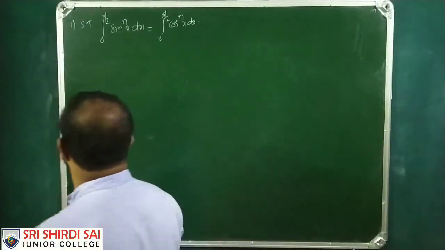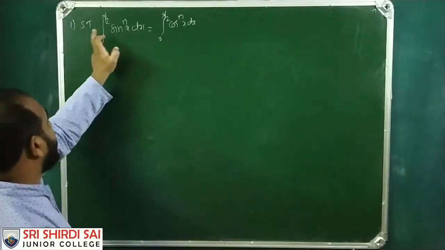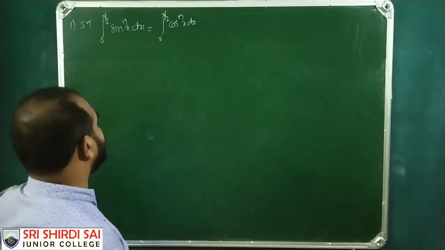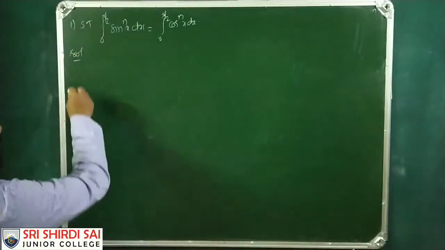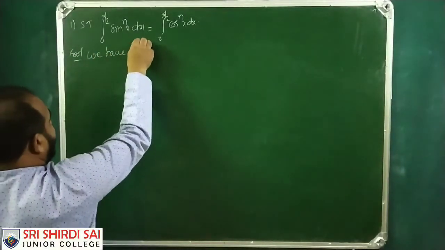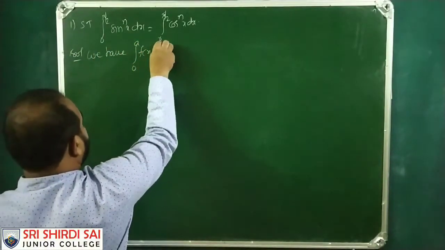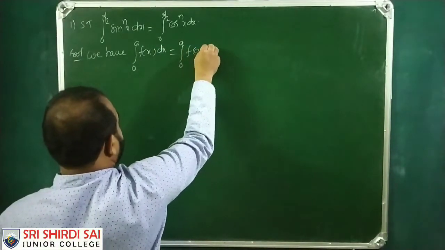So the next question is that the integral from 0 to pi by 2 of sin power n x dx is to be shown as the integral from 0 to pi by 2 of cos power n x dx. The concept is crystal clear. We have the integral from 0 to a of f of x dx equals the integral from 0 to a of f of a minus x dx.